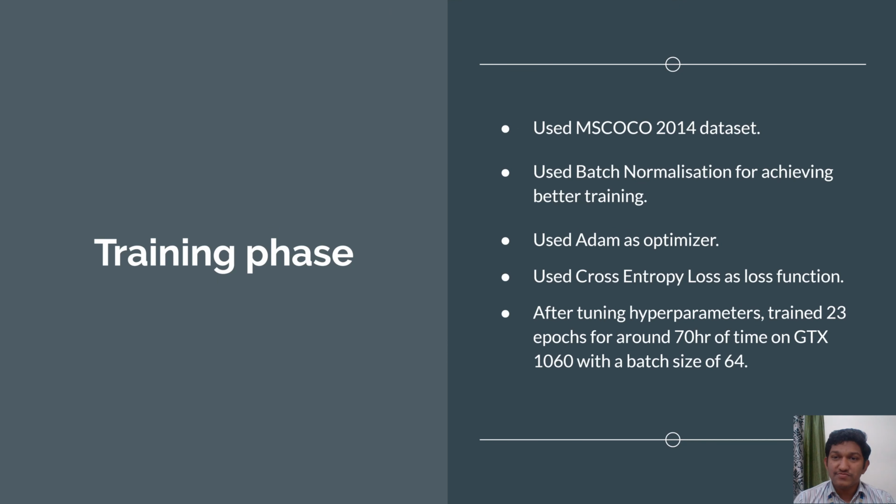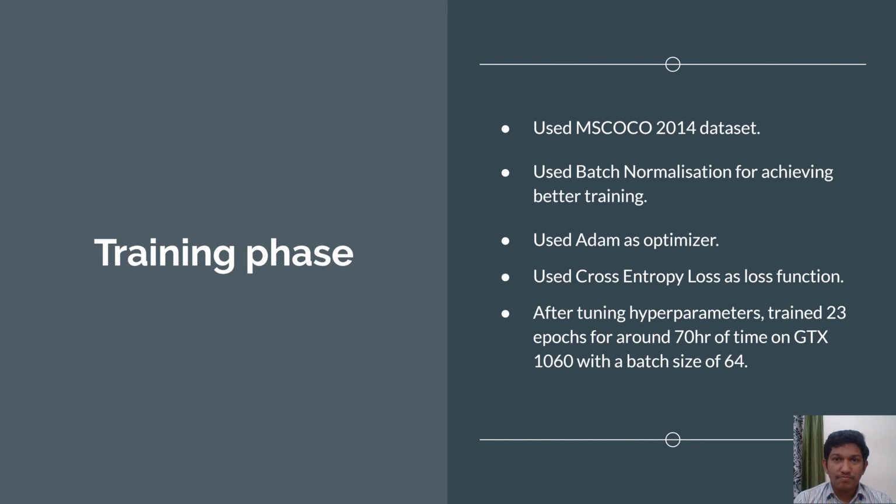Moving on to the training phase, we used the MS COCO dataset. This dataset is of size around 25 GB. We used batch normalization for achieving better training and for using a large batch size, and to get better results.